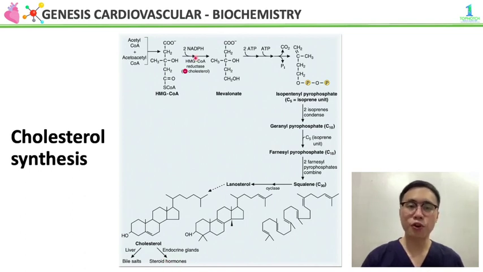But in the presence of your HMG-CoA reductase inhibitor, which is basically the statin, this will be inhibited early on in the pathway. So it will not be able to proceed. Okay? And this is very important since HMG-CoA reductase is actually the rate-limiting step. So this is where the statins will come into play.